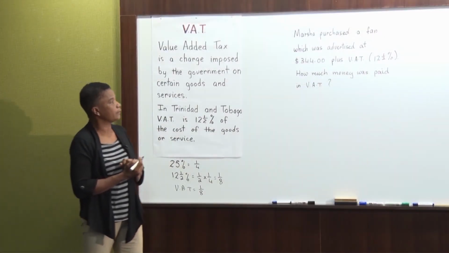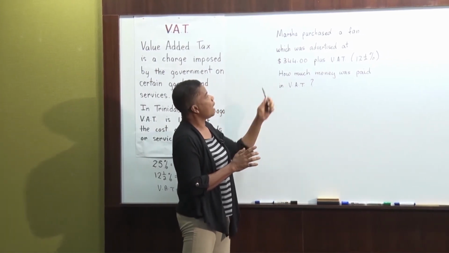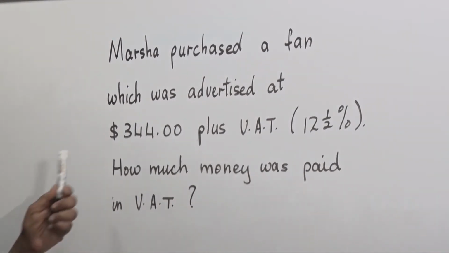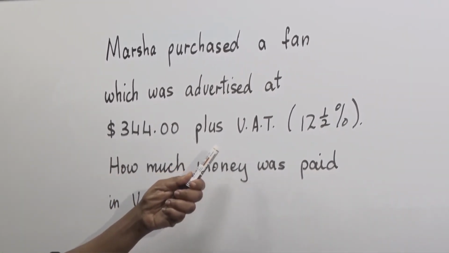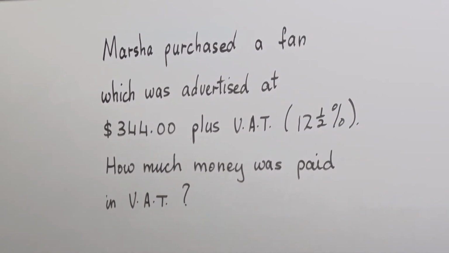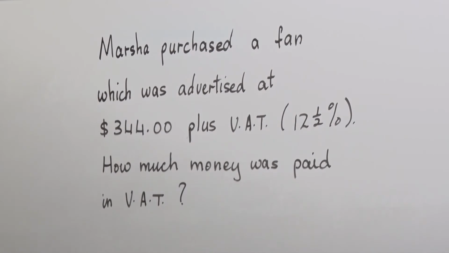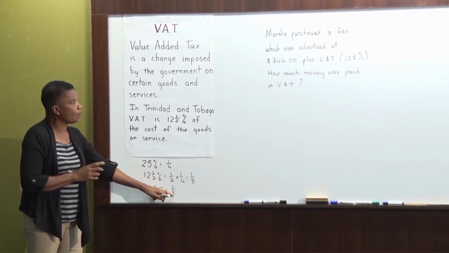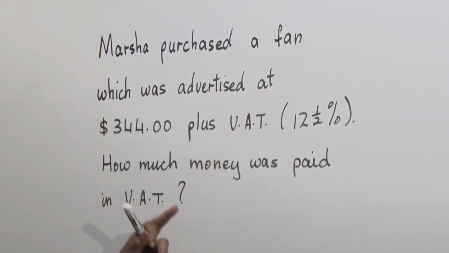So let's move on. Our first question. Marsha purchased a fan which was advertised at $344 plus VAT. And again, in Trinidad and Tobago, 12.5%. But what did we just work out? We just worked out that we are going to use 1/8. The question asks, how much money was paid in VAT?